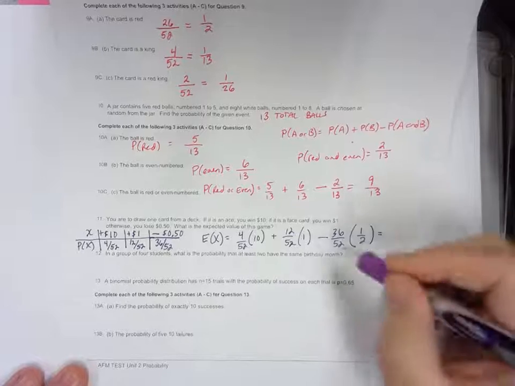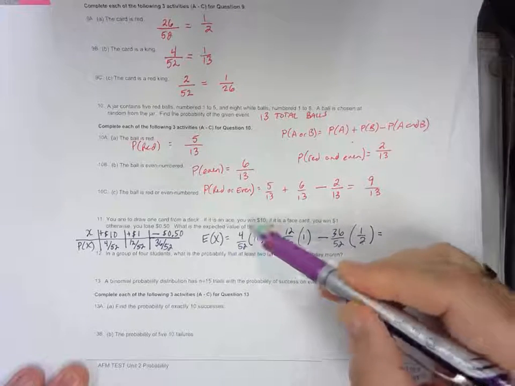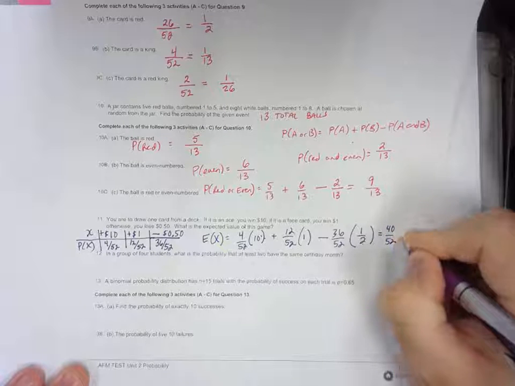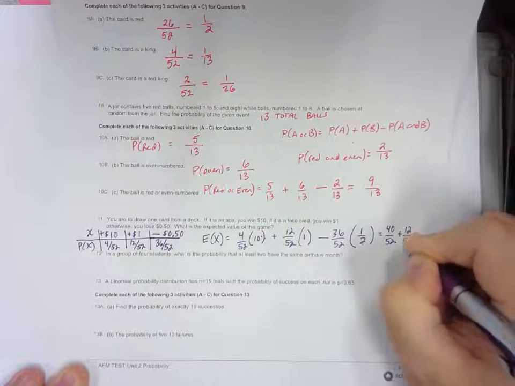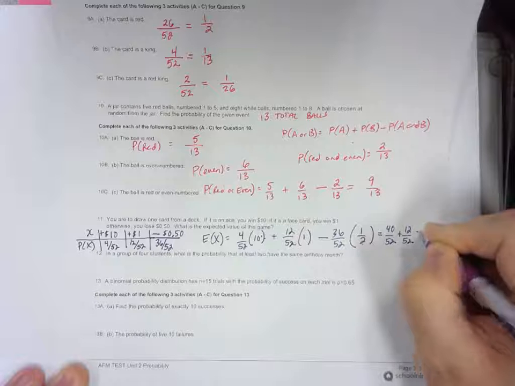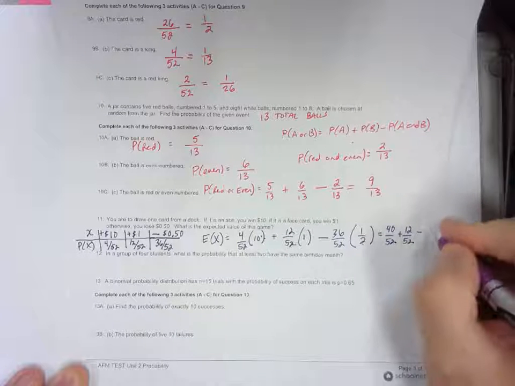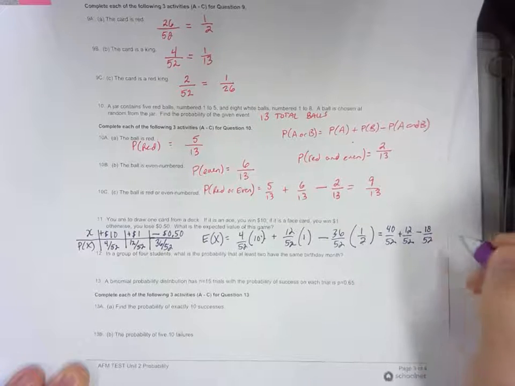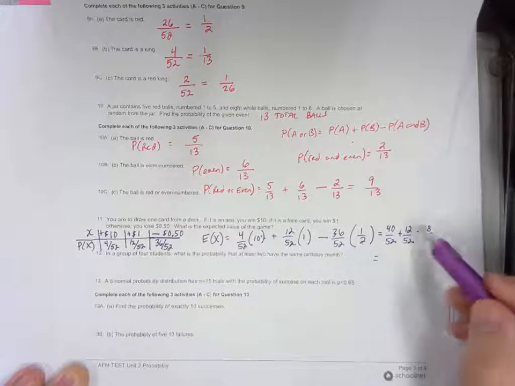All right, so what's 40? 4 times 10 is 40, over 52, plus 12 over 52, minus, what's half of 36? 18 over 52. So what's 40 plus 12?